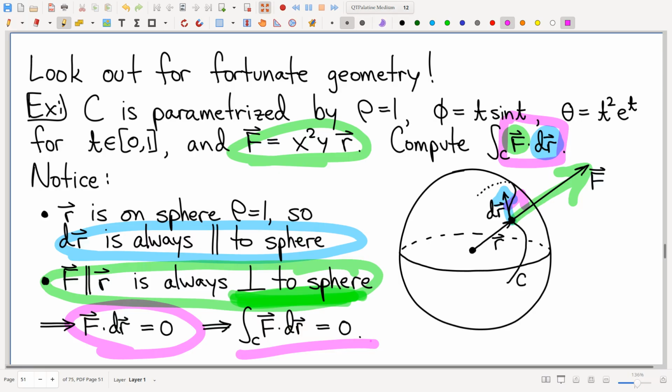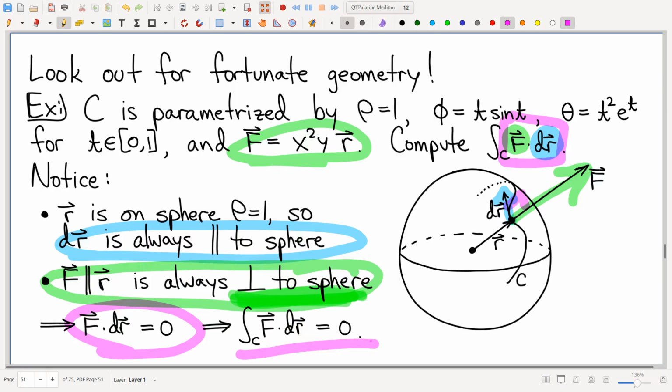What do you think? So heads up, keep on the lookout. How often does stuff like this come up? Surprisingly often. As a rule, when we look at engineering problems or physics problems, we're not looking at random, pointlessly amorphous shapes. We're looking typically at shapes that are natural, shapes that come up for reasonable reasons. Engineering is a very organized business in some sense. And so very often we're looking at spheres. Very often we're looking at things that are simple, and things that are simple tend to have nice symmetries.